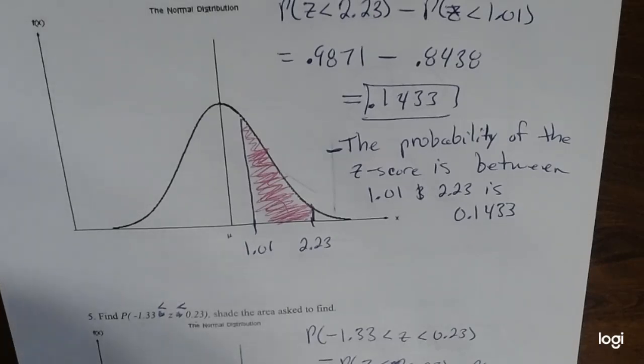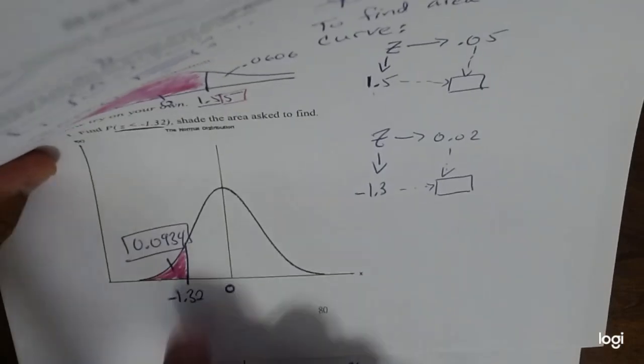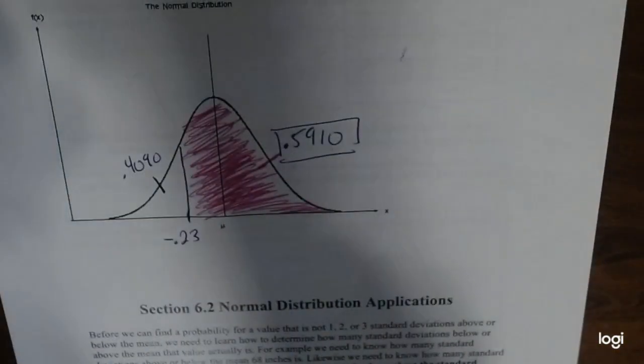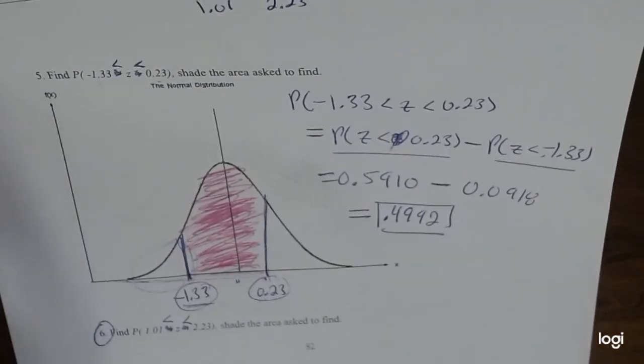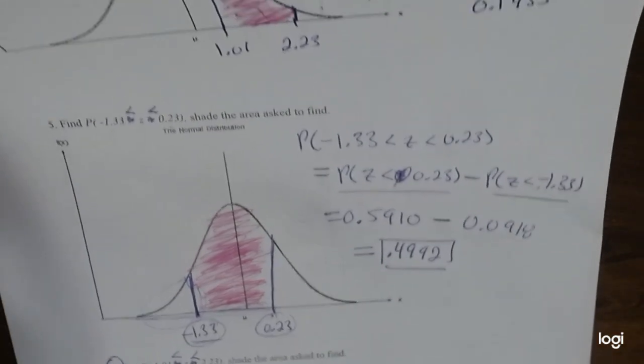That's pretty much what the section is all about: going over the areas underneath the curve and getting comfortable finding them. These are the three situations you're going to have: area to the left, which is the easiest one, just look at the table; then area to the right of things; and finally, areas between them. Those are the three scenarios: to the left, to the right, and also between.